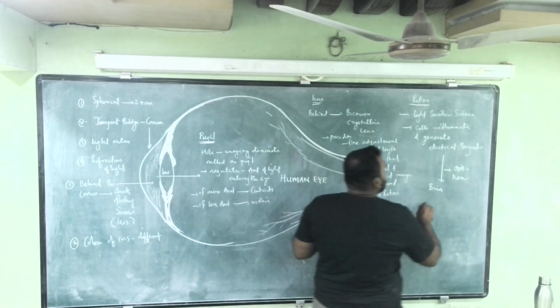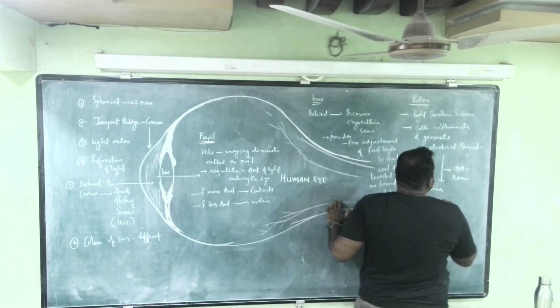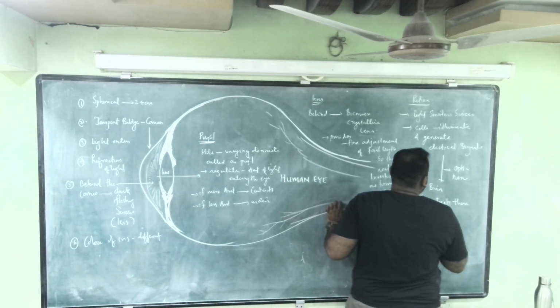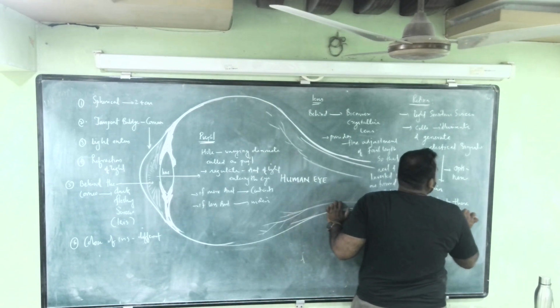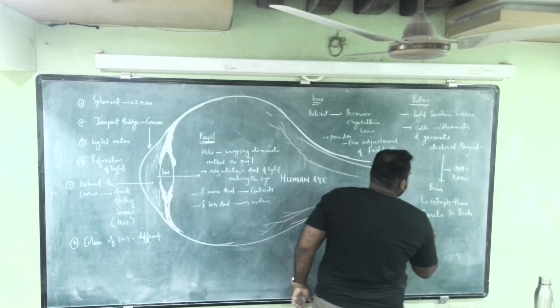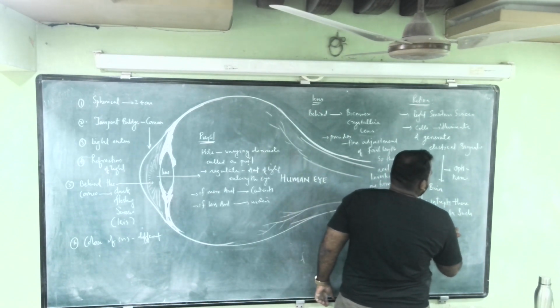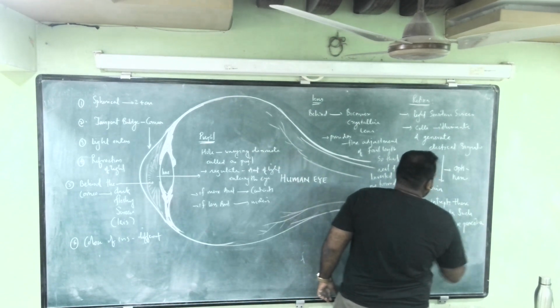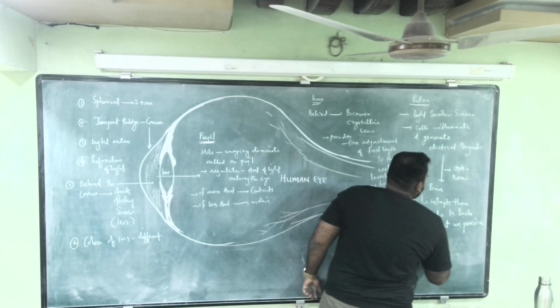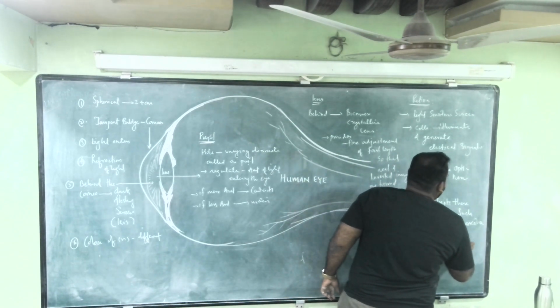Now what the brain does? The brain interprets these signals in such a way that we perceive the object as it is.